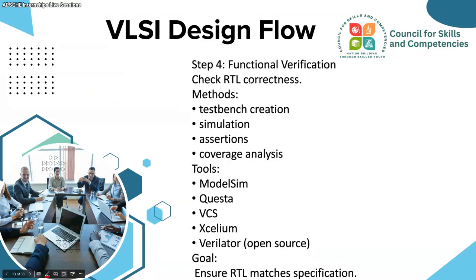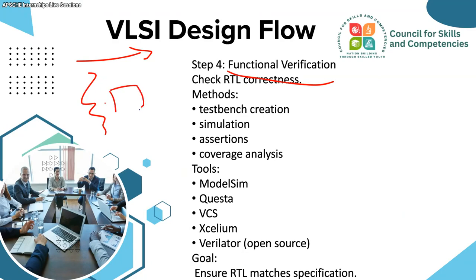Next, functional verification. Once you have written the code, we want to verify it. Suppose we have written a design for an AND gate; we want to test 00, 01, 10, 11 and check whether it is working properly or not. Likewise for the OR gate and the NOT gate. I'm giving a simple example. Likewise, if we have written code for an ALU, you want to test whether it is working properly or not.